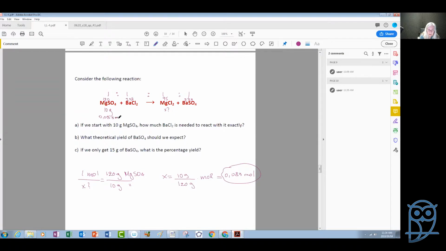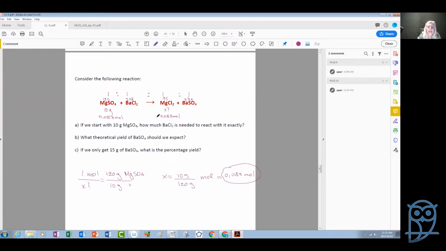And because the ratios of everything here are 1 to 1 to 1 to 1, it means that this is also 0.083 moles. Because this is what I need to find, the mass of magnesium chloride.